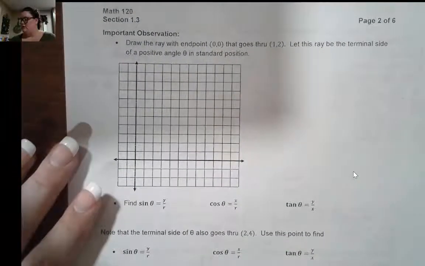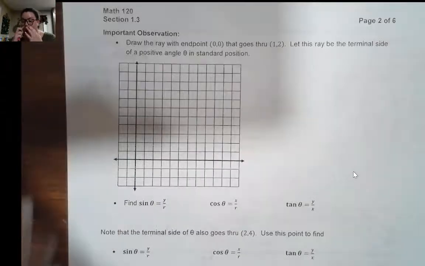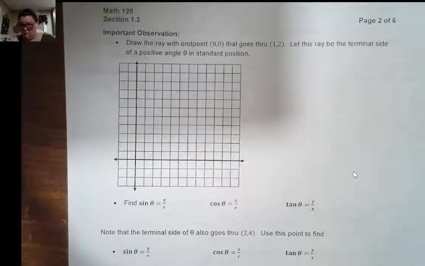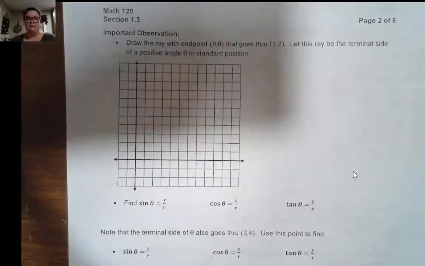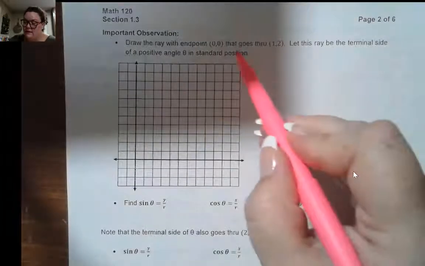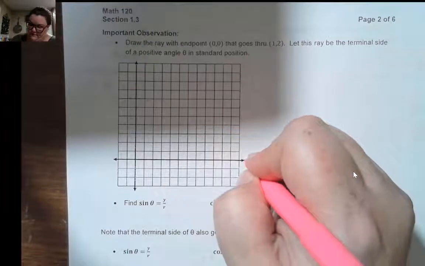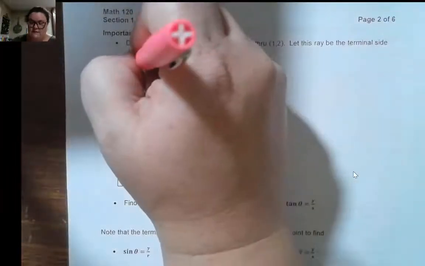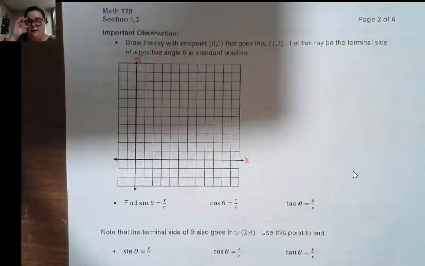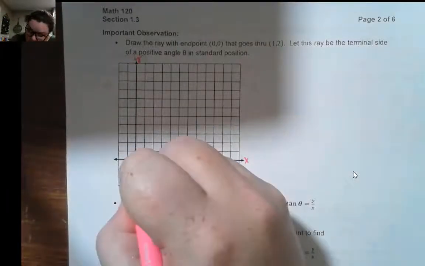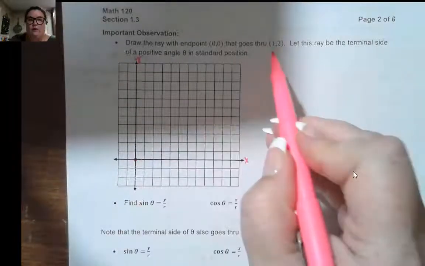It says, draw a ray with the endpoint 0, 0 that goes through the point 1, 2. Okay, so this is my x-axis, this is my y-axis, and it's saying we're drawing a ray that goes from 0, 0 to the point 1, 2.